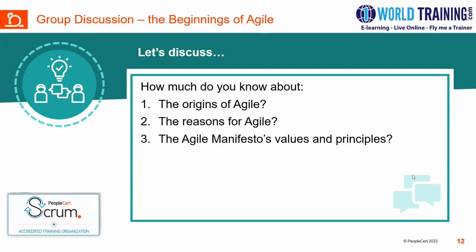If we see Agile as a framework, we will try to discuss it. How much do you know about the origins of Agile? What are the reasons for being Agile, and the pointers of the Agile Manifesto values and principles? These are the important questions we can think of discussing. So let's start first with the origins of Agile.